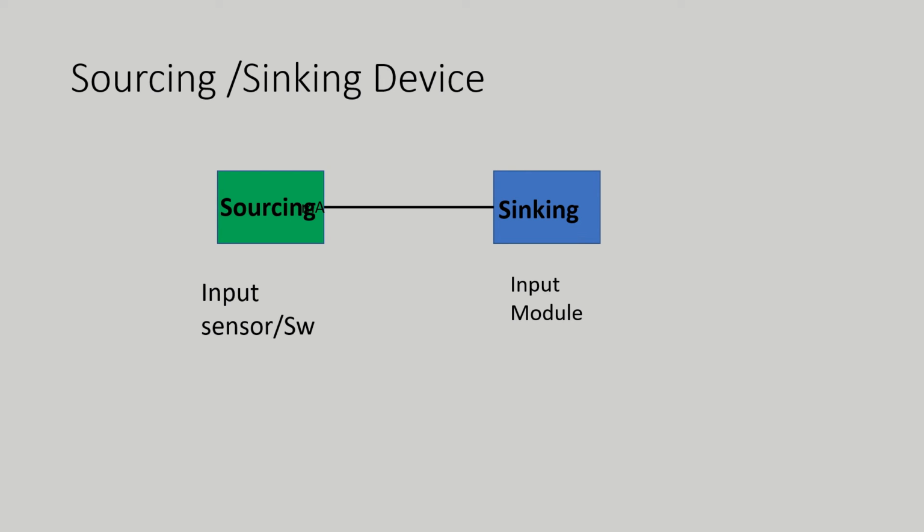Now let's think in reverse. If the current flows from the input module to the input device, then the input module will be sourcing and the input device will be sinking.